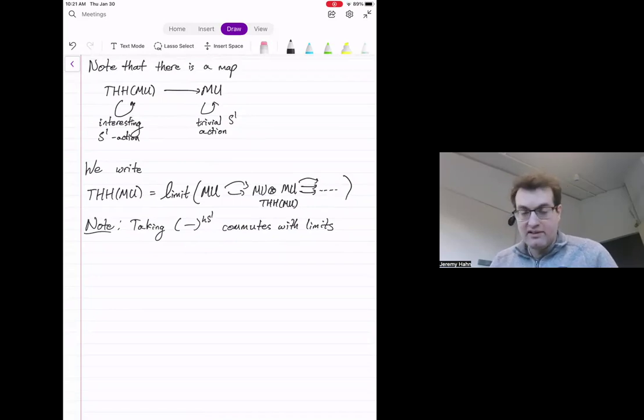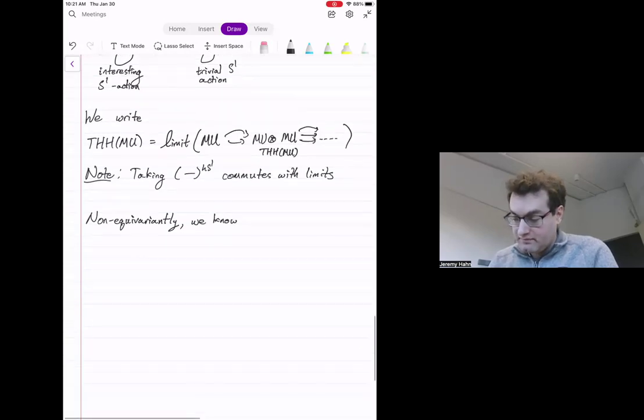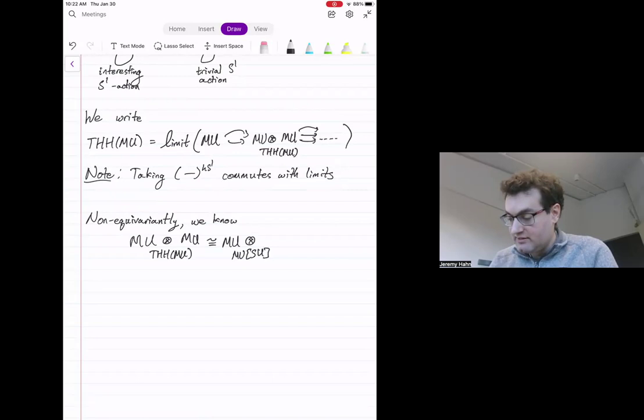So before worrying too much about homotopy fixed points, let's just think for a moment about what this descent object is doing non-equivariantly. So non-equivariantly, we know that mu tensor over THH of mu and mu is just the same thing as mu tensor mu adjoin SU, which is the bar construction.